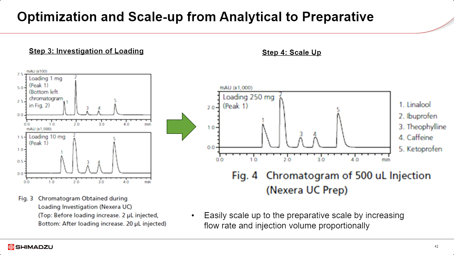Once we have the analytical method optimized, we couple investigational preparative runs for loading, optimize the loading capacity, and then as you'll notice here in this final, isolate all 5 compounds with a 500 microliter injection, 250 milligrams of material in a single shot.